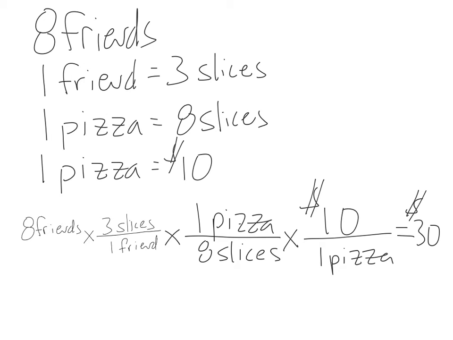A good check is to just go back through and cross off my dimensions. Friends, slices, pizza, and I'm left with dollars. So my answer would be $30. That's what I need to have a pizza party.